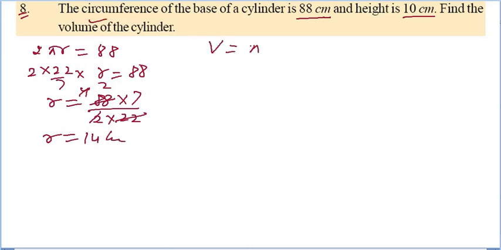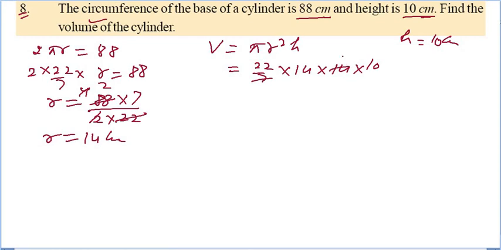Now we want to find the volume. Volume is equal to pi R square H. Volume pi is 22 upon 7. R is 14 into 14 and H is given as, do you know H? H is equal to 10 centimeter. You can see here it is the 10 centimeter, so you can write 10. So 7 1 ja 7, 7 2 ja 14. So you can see here it is the 22 into 14 into 2 into 10.